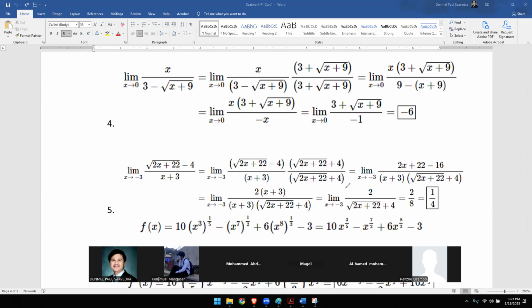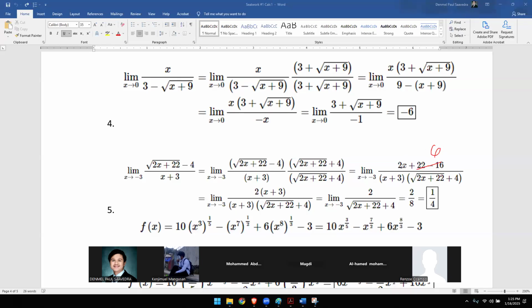Now, for this one, we have 2x plus 22 minus 16 over x plus 3 over square root of 2x plus 22 plus 4. Next, we can factor out this one by 2. So 22 minus 16 is just simply 6.